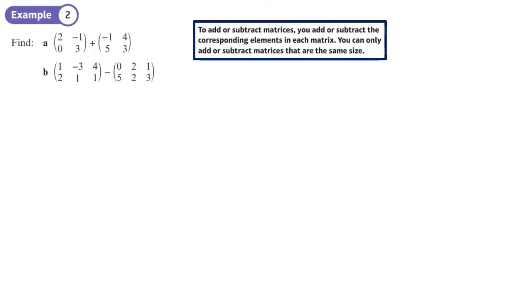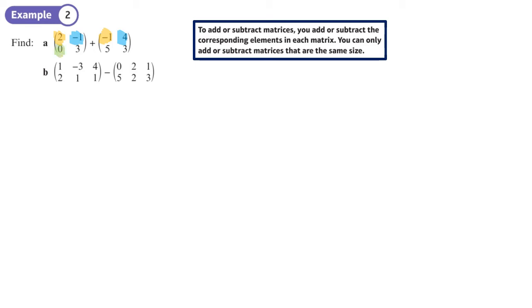Right, now here we're adding matrices, and the way it works is that every element here in the first matrix needs to be added to the corresponding element in the second matrix. So you'd add those together, get an answer. You would add these ones together, get an answer.